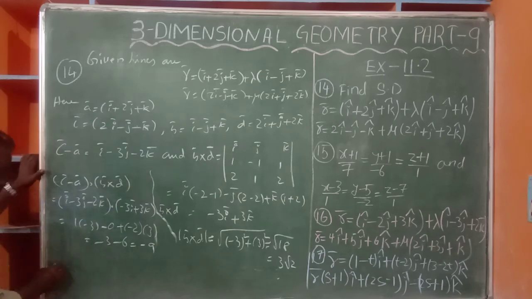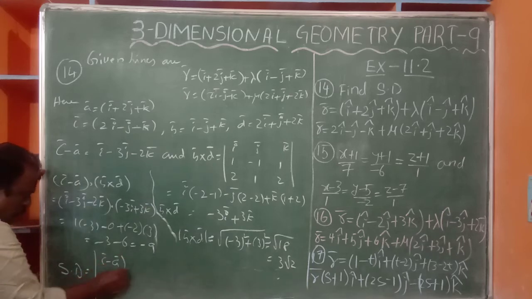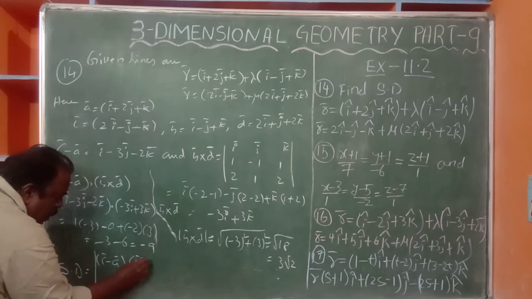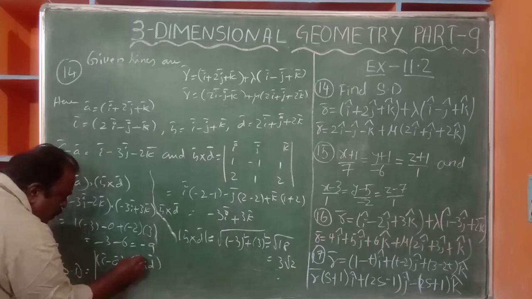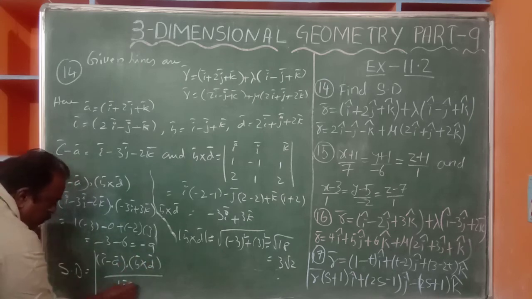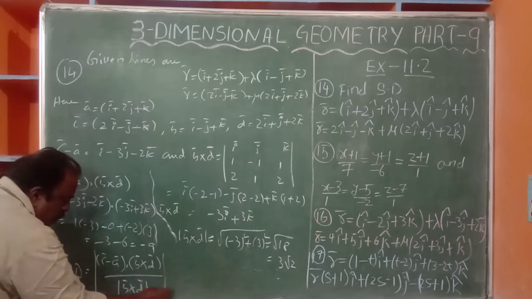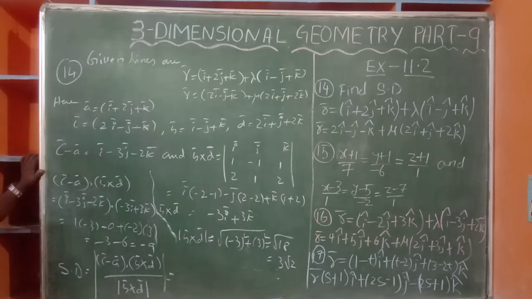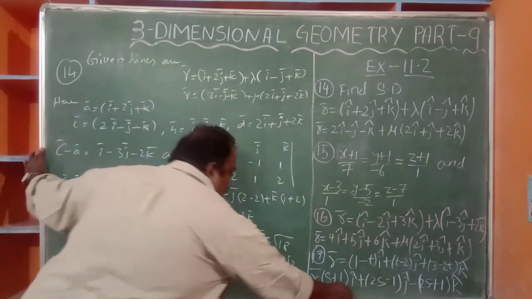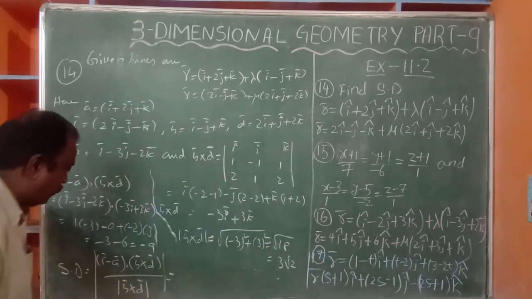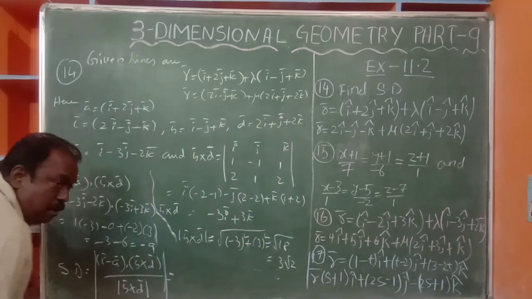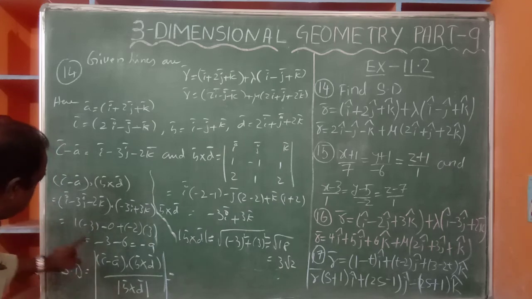Next, what is SD? We know it: (C bar minus A bar) dot (B bar cross D bar) by the modulus of B bar cross D bar. Observe, it is already there.